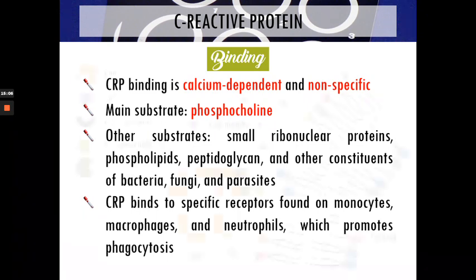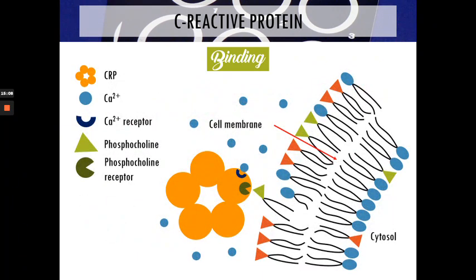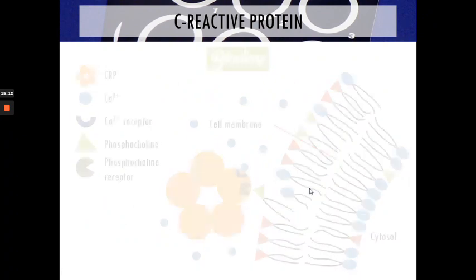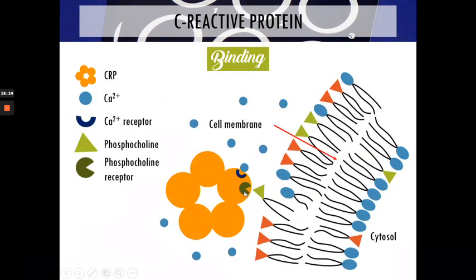Okay, all right. So this is an example of binding. This is your CRP, and this is the phosphocholine receptor of the CRP, and this is the phosphocholine found on the cell membrane, which the CRP then binds to.